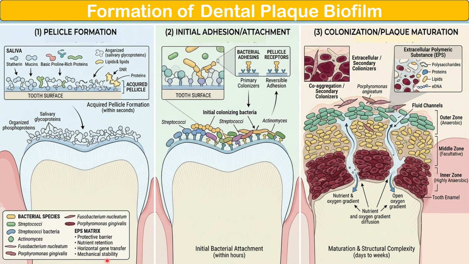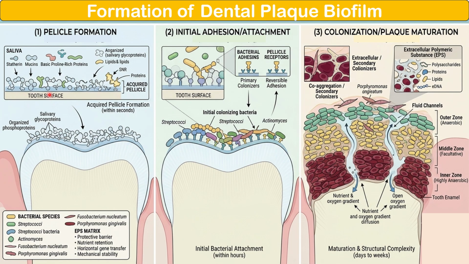Let's first understand the first stage of dental plaque formation, that is pellicle formation. Whenever we eat something, within a few seconds the proteins and salivary glycoproteins present in the saliva, such as statherin, mucin and proline-rich proteins, begin to get adsorbed onto the enamel surface.